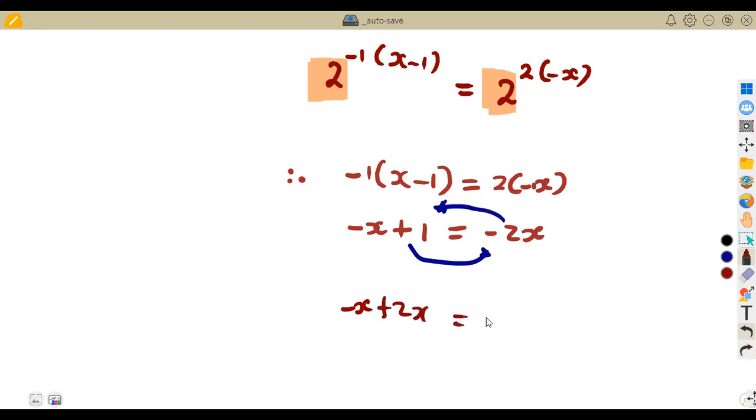Minus 1 on the other side. So we add minus 1x plus 2x. Minus 1 plus 2 is 1, so you have 1x, which is the same as x. So x is equal to minus 1, because we just have minus 1 left on that side. So x is equal to negative 1.